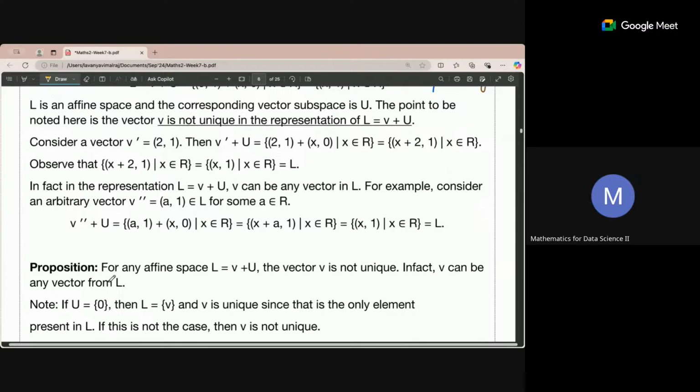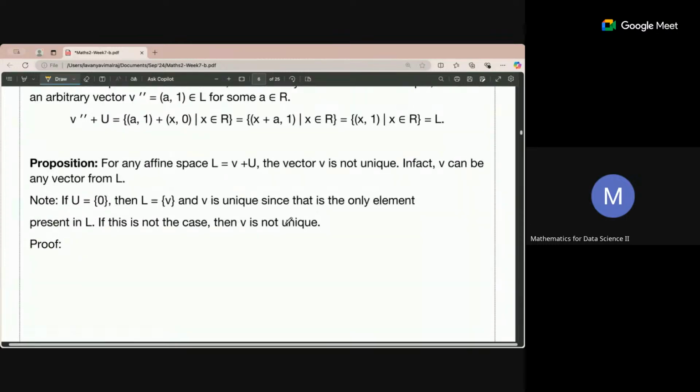In fact, V can be any vector from L. If U is equal to 0, then L is just the singleton {V}, and V is unique in this case. Only when U is the zero space is V unique, because it is the only element of L. If this is not the case, then V is not unique.